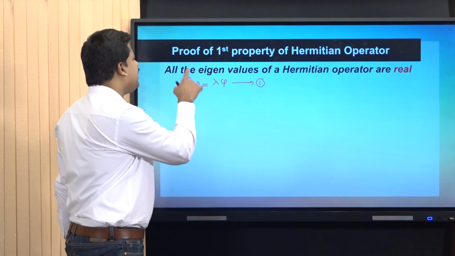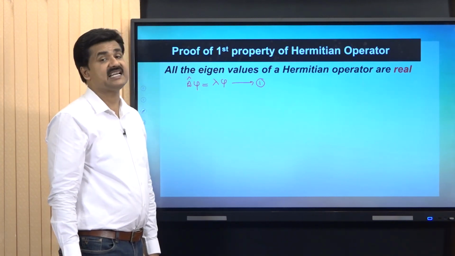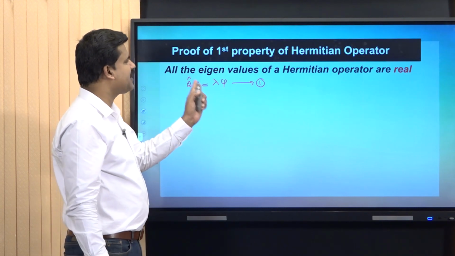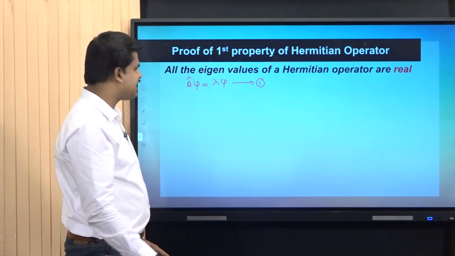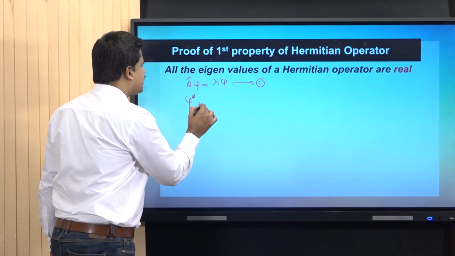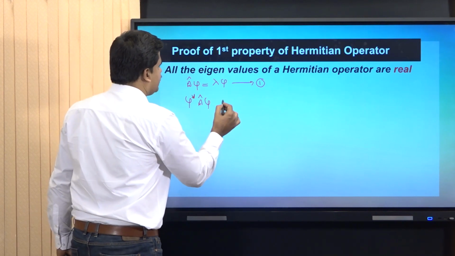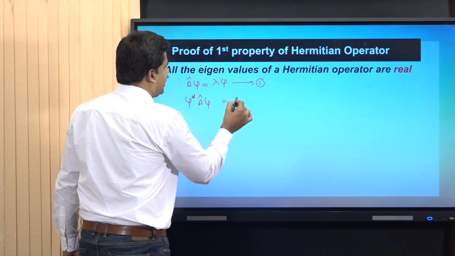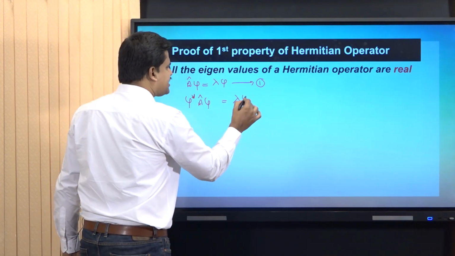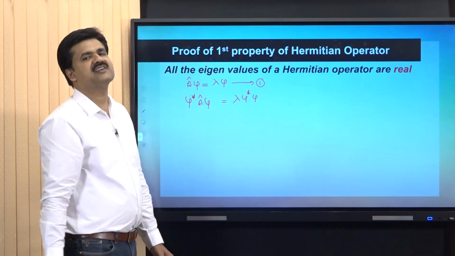Now left multiplying equation 1 with psi star, we get psi star A hat psi equal to lambda psi star psi, and integrate over space.